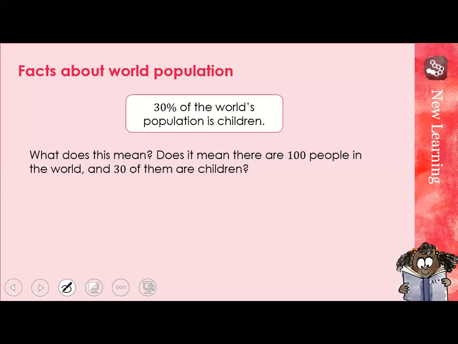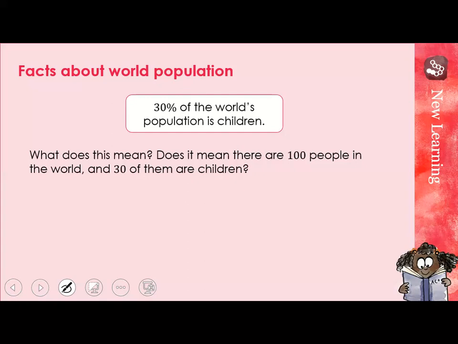So when we see a question like this, it might start to get us confused. You might say, well, Mr. Plummer's told us that percent means out of 100. So that means there's 100 people in the world and 30 of them are children. Now, that isn't quite what it means. What it means is if they're out of every 100, 30 of them are children.